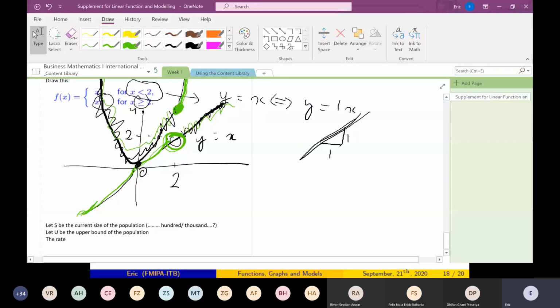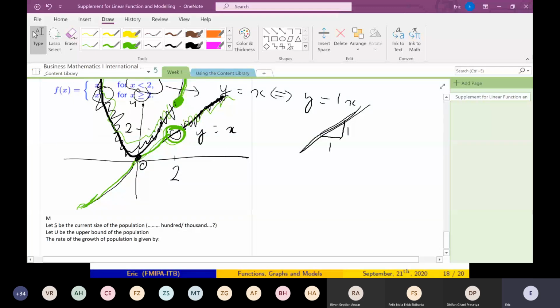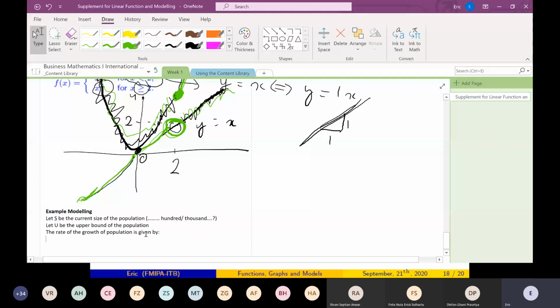So the rate of the growth of population is given by what?